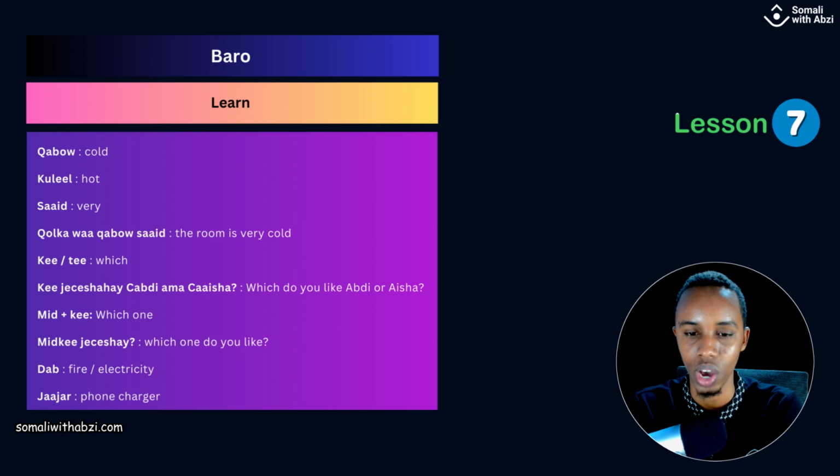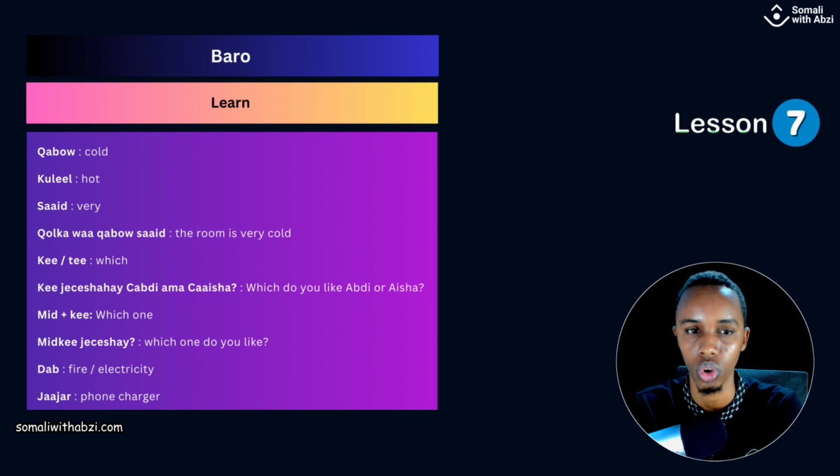The next one is ke or te. In Somali, we use ke or te to say which. So I can say ke waye, which one. If it's a feminine noun, te waye, which one. So maybe you told me my sister is going to go to Somalia next week. I know you have so many sisters, so I'm going to say te waye, Aisha miya, Rahma miya, Deqa miya, which one?